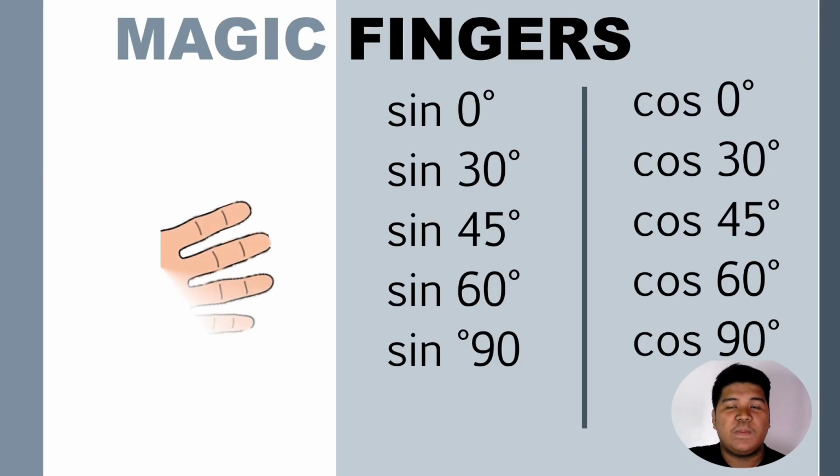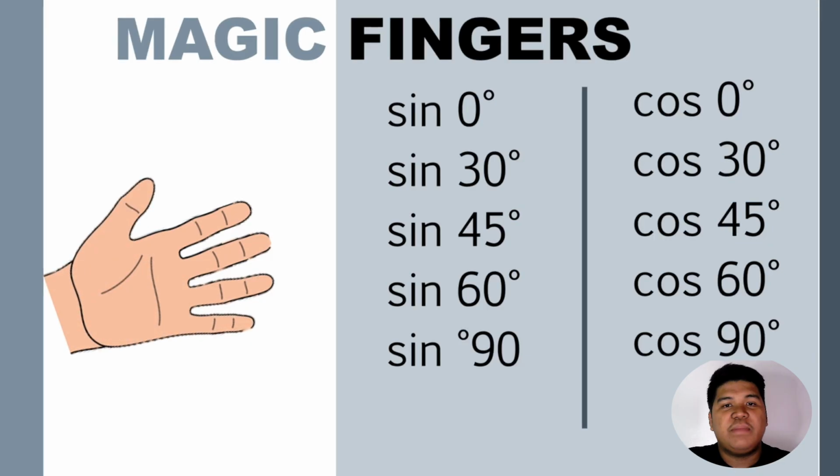Now, are you one of those students who hate memorizing trigonometric formulas? In this video, we are going to talk about strategies on how to remember these math formulas by just using your magic fingers. Begin by labeling our fingers. First, we draw a right angle representing the first quadrant of the Cartesian plane, then 0 degrees starts at this position, and the 90 degrees angle will be in this position.